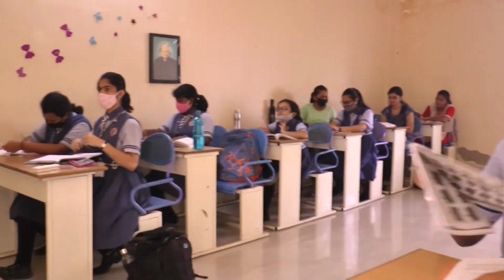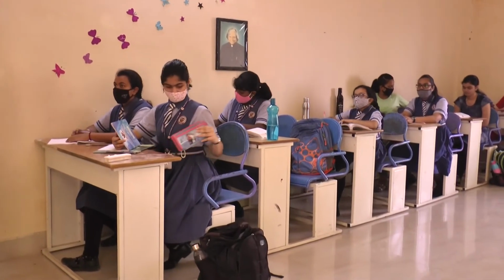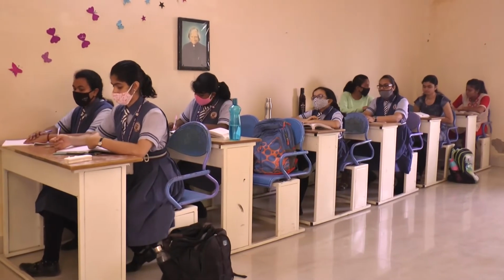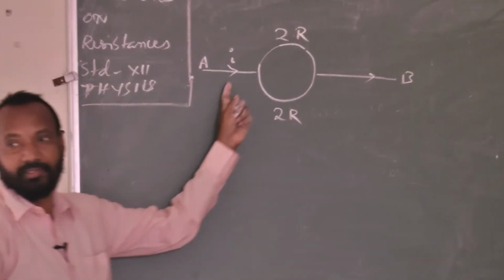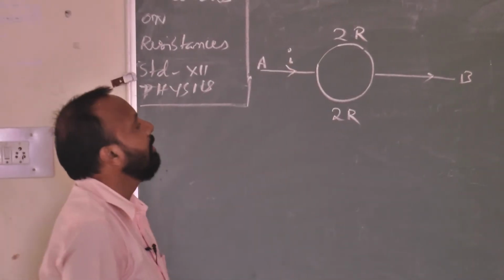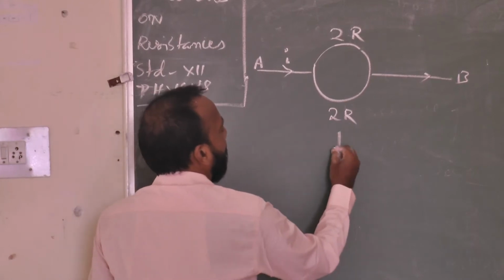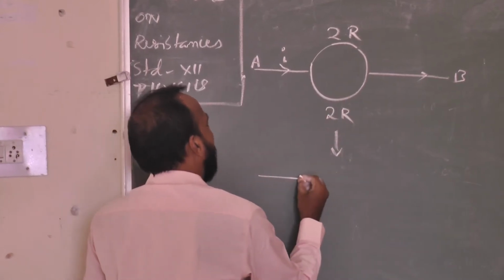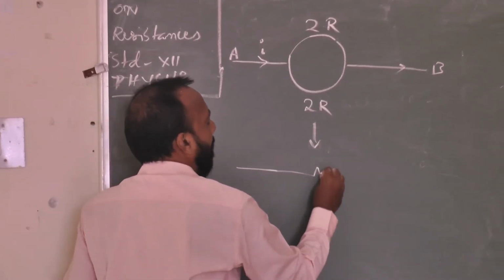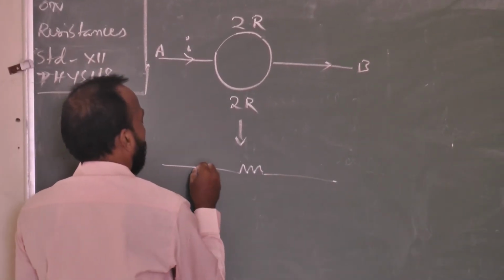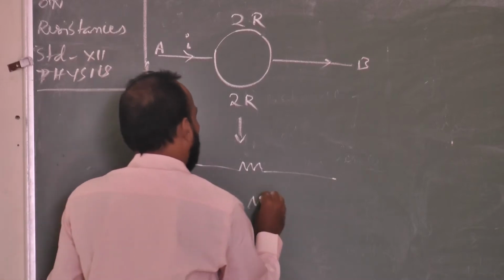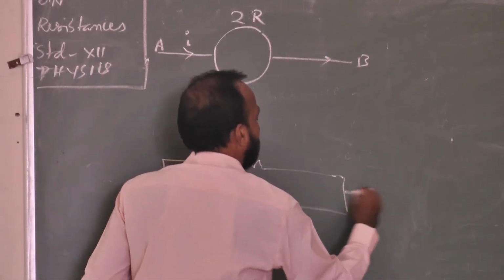Current I is passing from A to B, and you have to calculate the effective resistance of the wire. So the diagram will be like this.